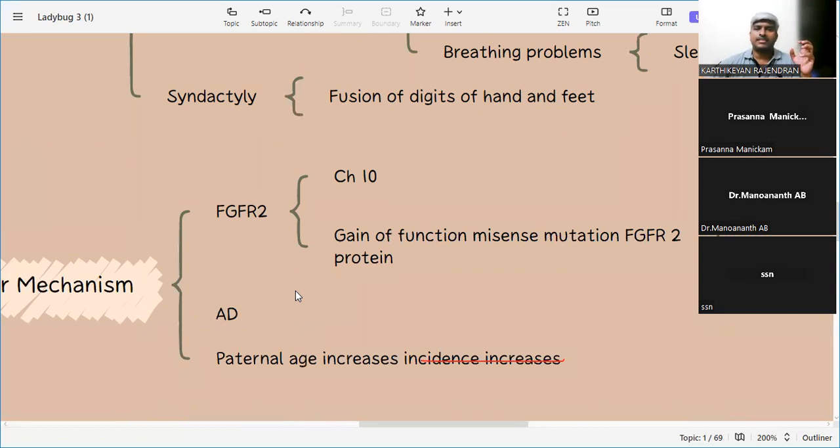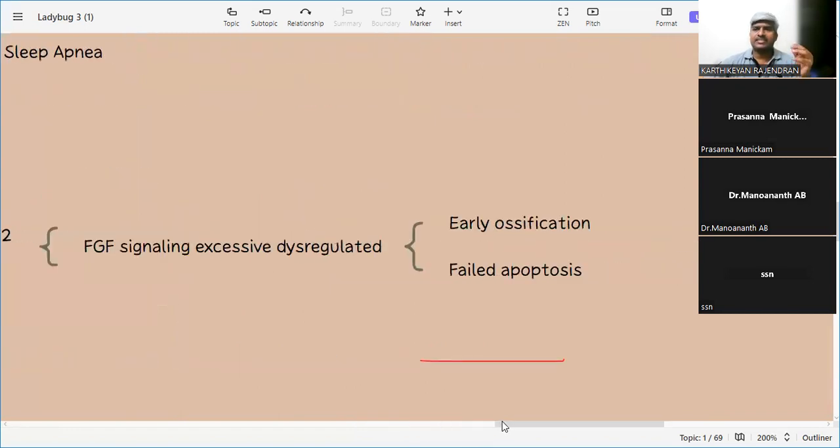Coming to the molecular mechanism, it is a gain of function missense mutation of the fibroblast growth factor receptor 2 protein, in the extracellular domain of the cell membrane. It is situated on chromosome 10. The gain of function missense mutation causes excessively dysregulated protein signaling, which leads to early ossification.